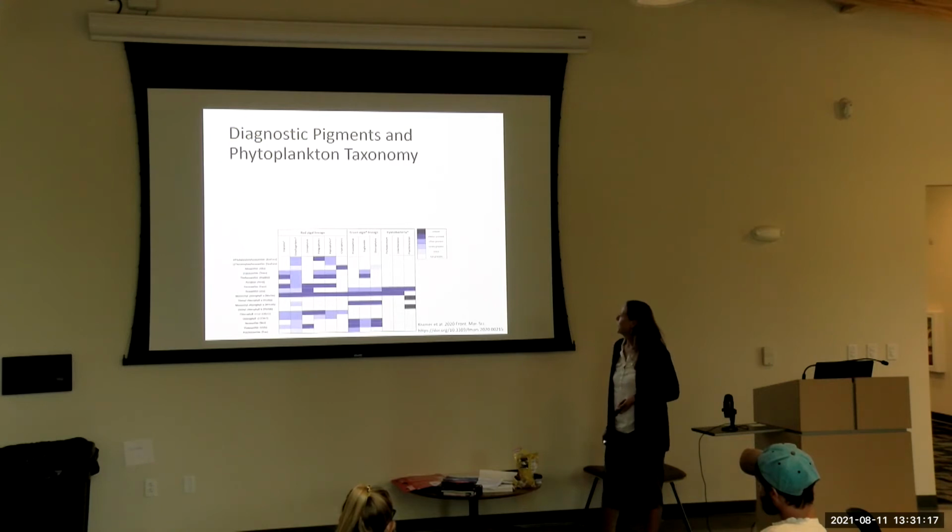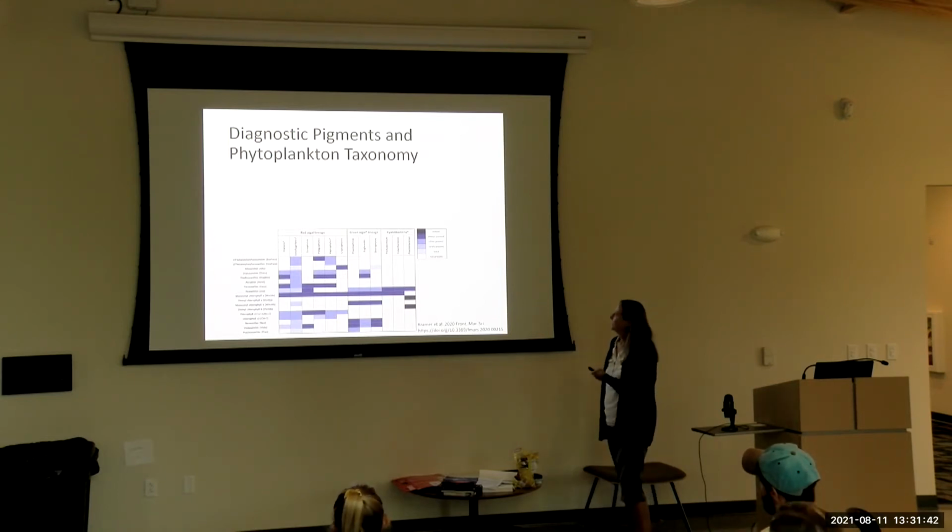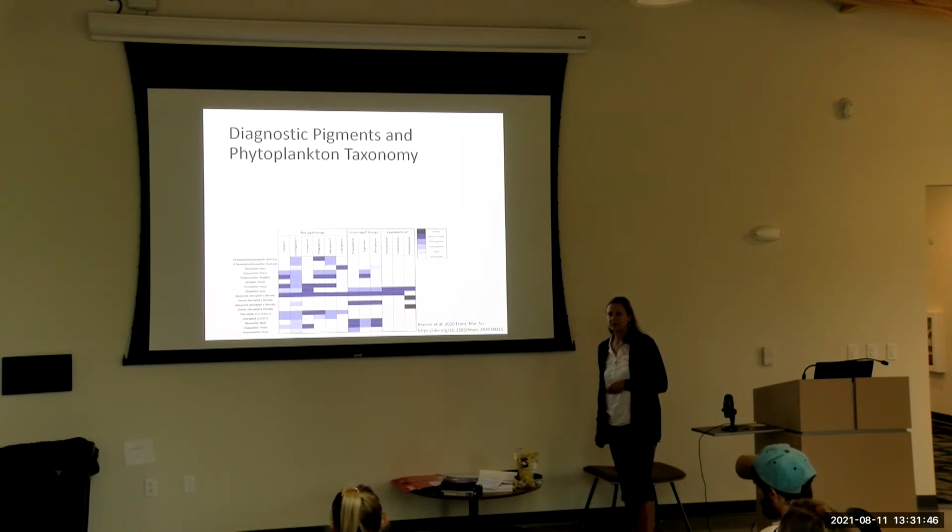This is from a paper by Sasha Kramer, where she's outlined the major pigments and the groups. These are the sort of red lineage, such as diatoms, dinoflagellates, chrysophytes, haptophytes, cryptophytes. The green lineage, prasinophytes, euglenoids, and chlorophytes, and then the cyanobacteria. And then she went through the literature and figured out which pigments are unique to a specific group.